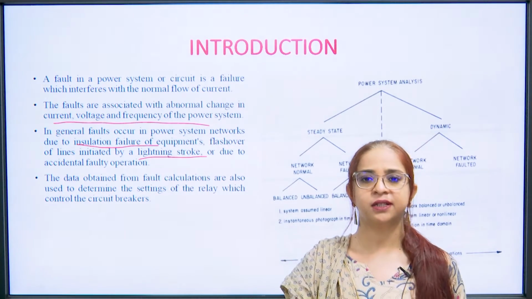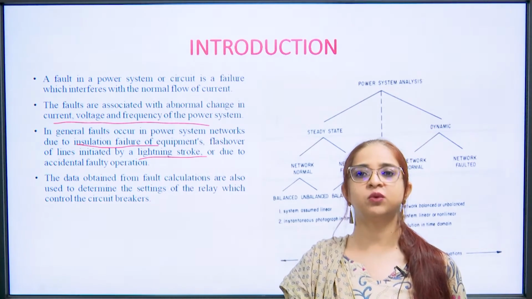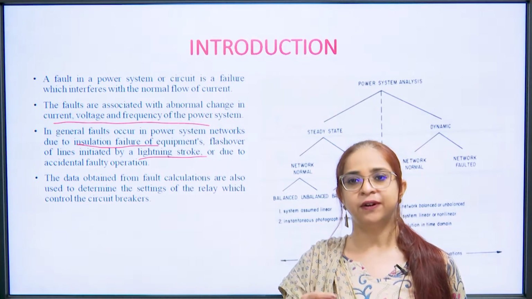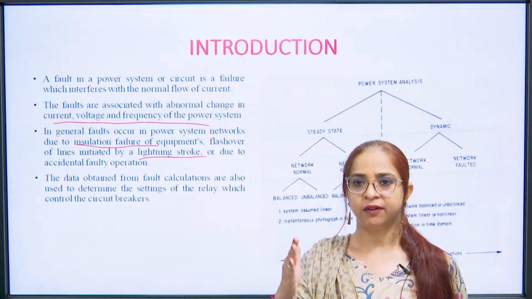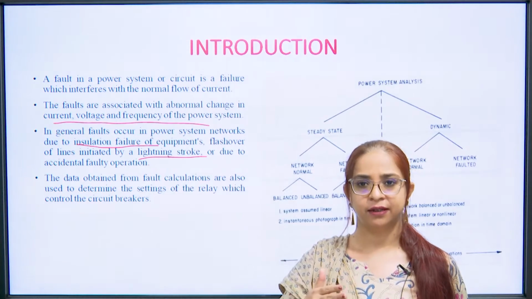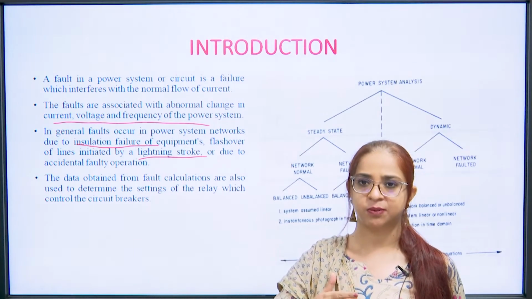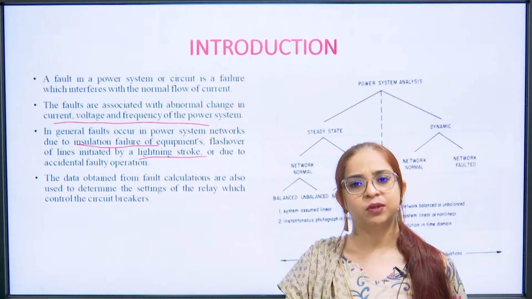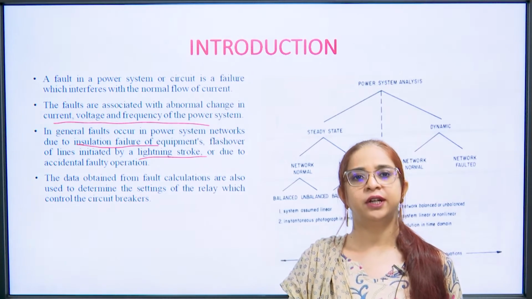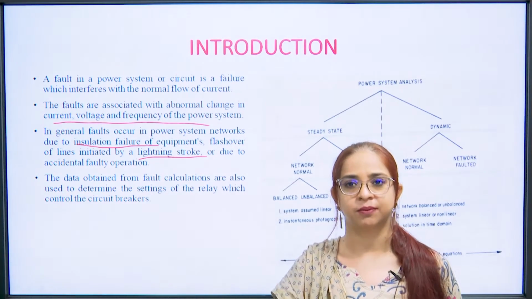Falling of trees is also one of the common issues in windy weather, when a tree inclined around the roadside where transmission lines are passing falls on them. So, there are a large number of things which can lead to a fault in a power system, right?